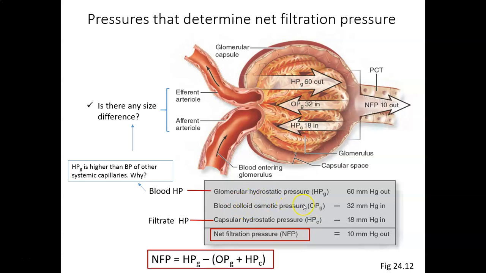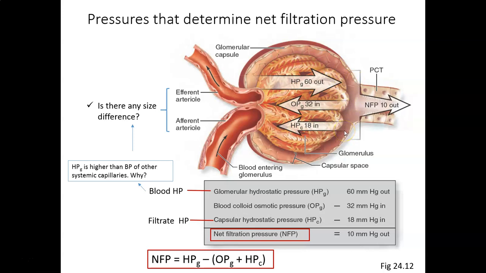So that's the osmotic pressure exerted by the proteins in the blood. Again, I don't know why they are not calling it COP this time. They're calling it OP, but it's the same concept. It's the colloid osmotic pressure in the blood. So that's the pressure keeping the fluid in. Then there's an additional pressure, because there is going to be fluid in the capsule, right?